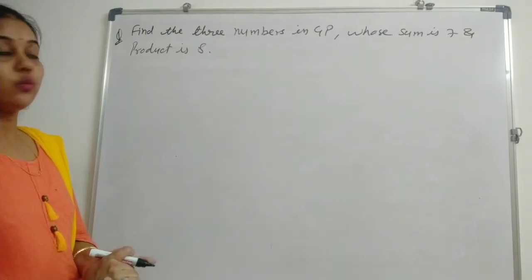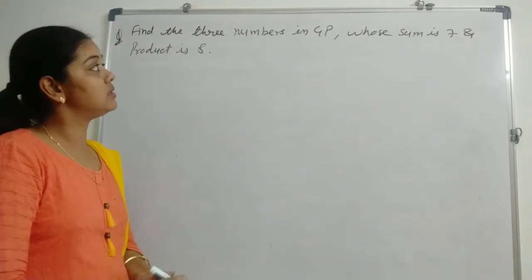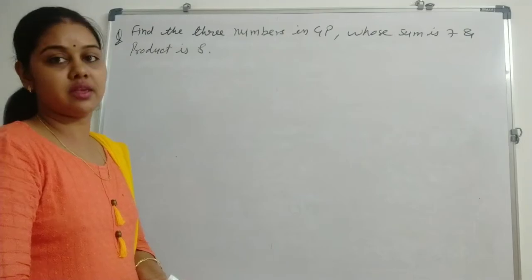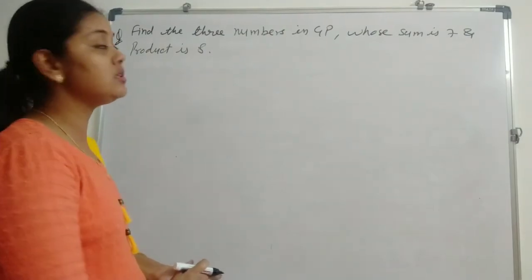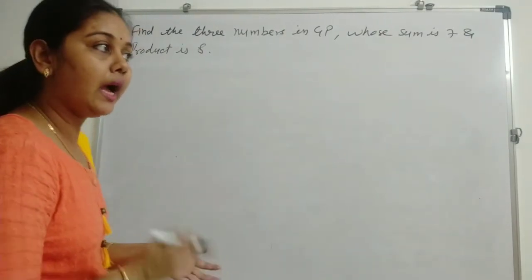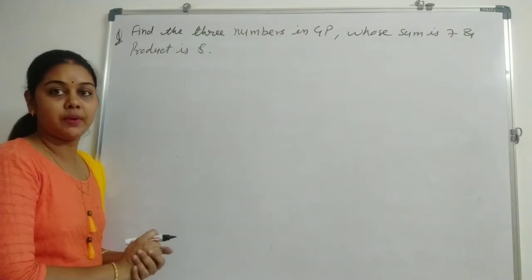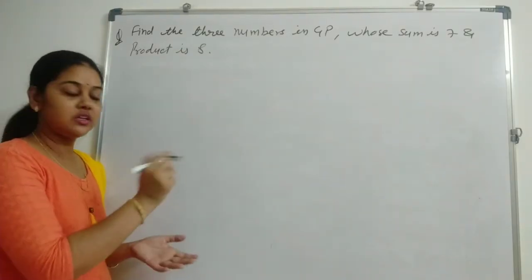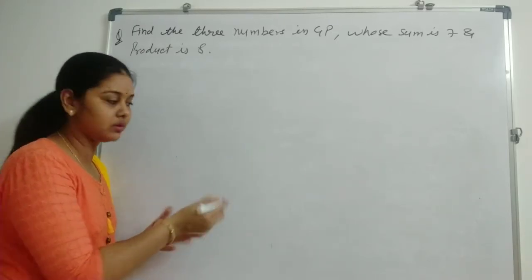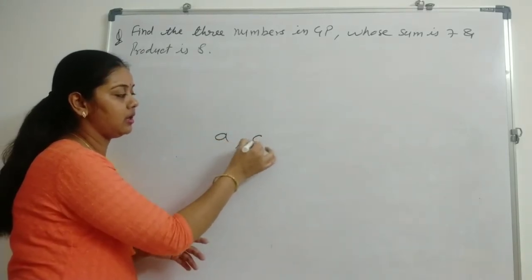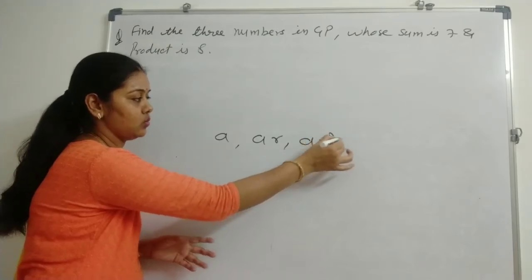The question is given: find the three numbers in GP whose sum is 7 and the product is 8. As we assumed numbers in AP, in a similar way in GP, when we are to let three numbers, we will not simply take A, AR and AR square.